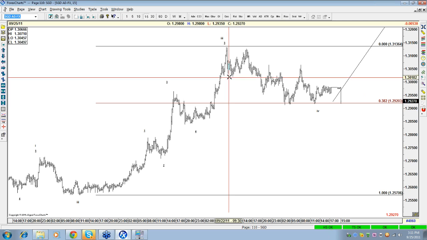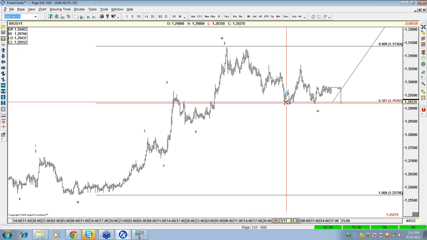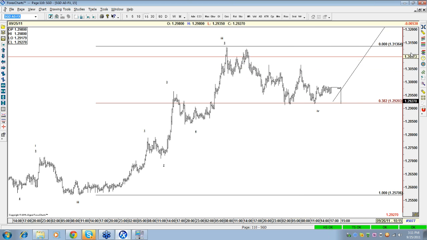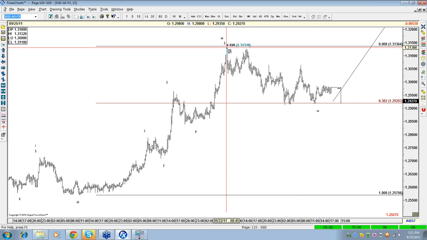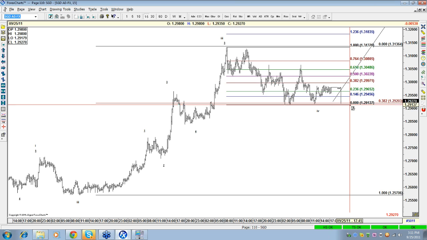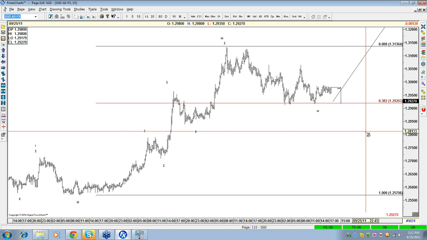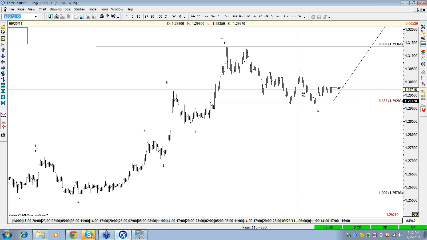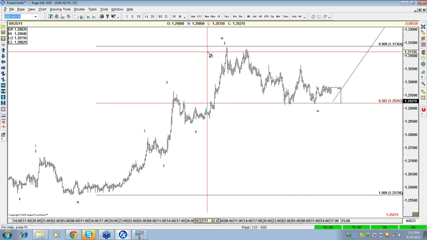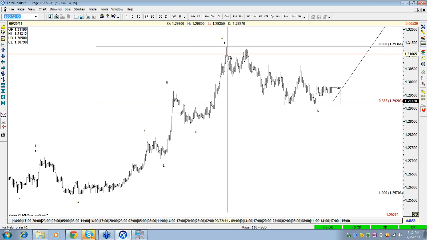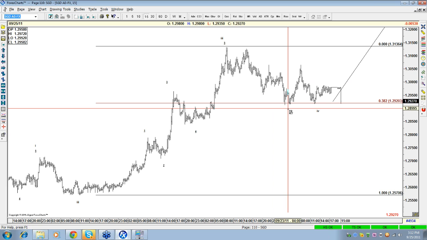You see, it did a 1, 2, 3, 4, 5 swing from the top. Look, very nice short entry right there at the 618. So I like this pair. I'm following it very closely because this is the only dollar pair that shows 5 swings from the top.